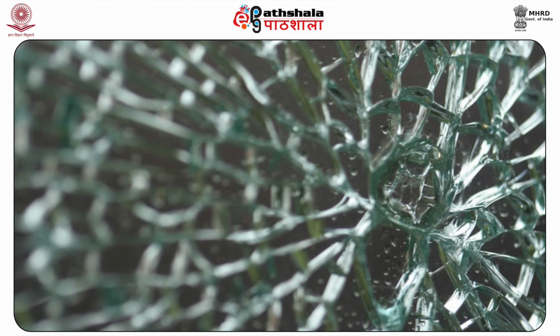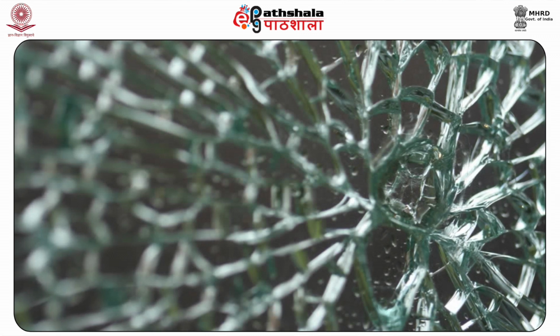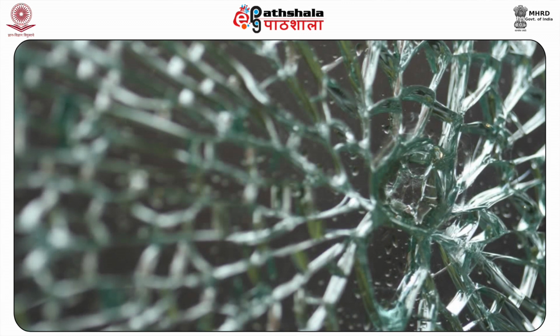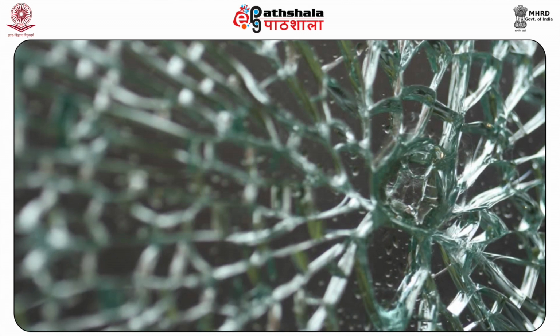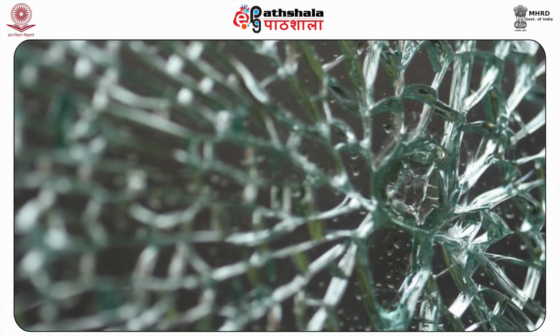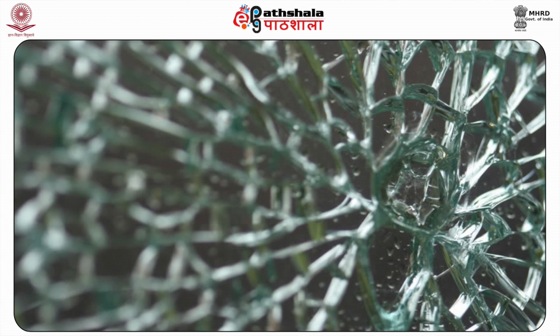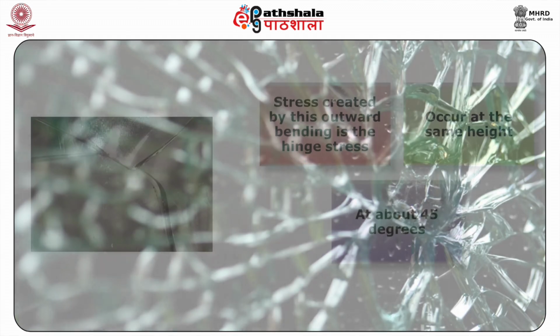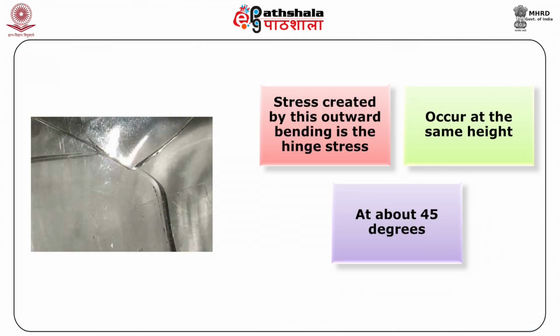This will result in a star-like appearance on the inside of the container, while at the same time causing the bending of glass to the outside. The stress created by this outward bending is the hinge stress. Hinge stress fractures generally occur at the same height as the initial flexure fracture at about 45 degrees.